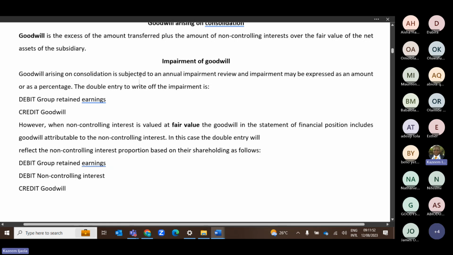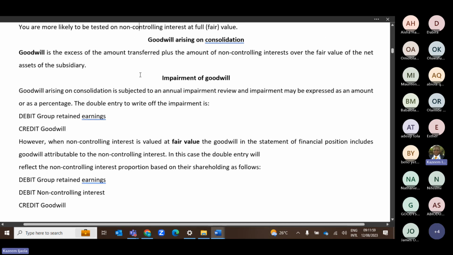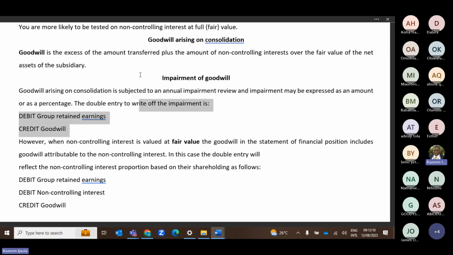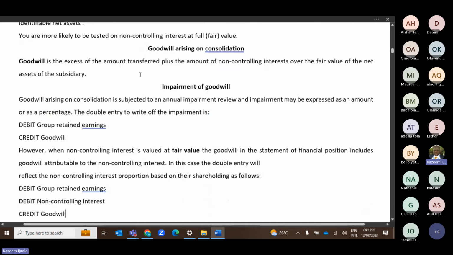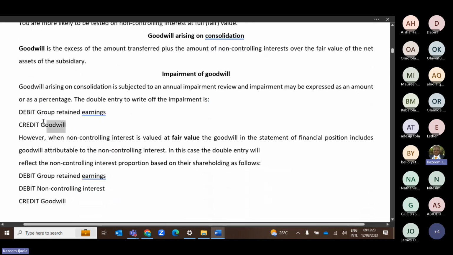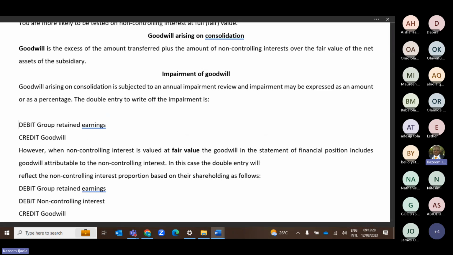For annual impairment, we need to be careful here too. How you treat impairment of goodwill depends on the method that you use for NCI computation.